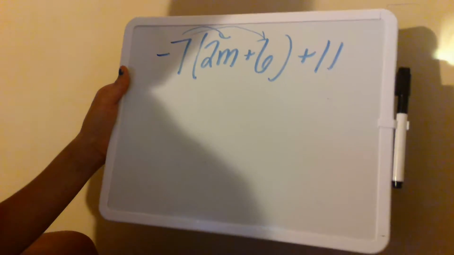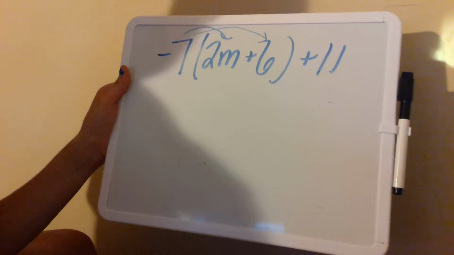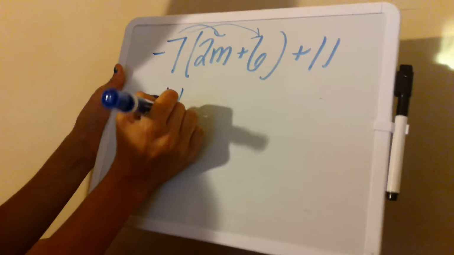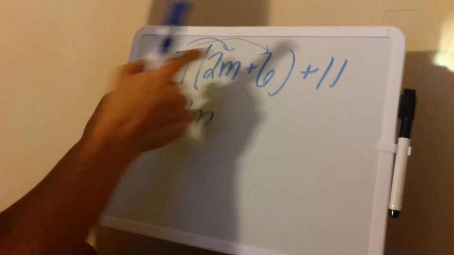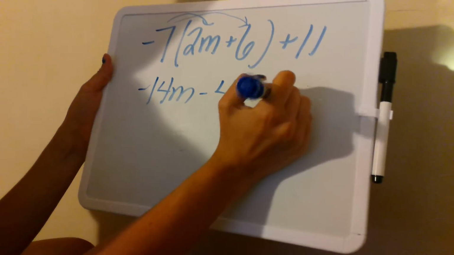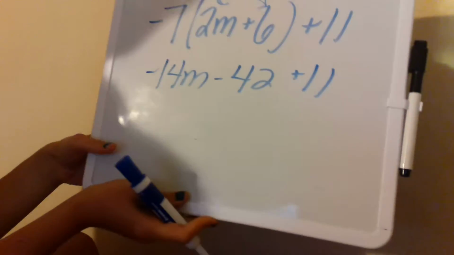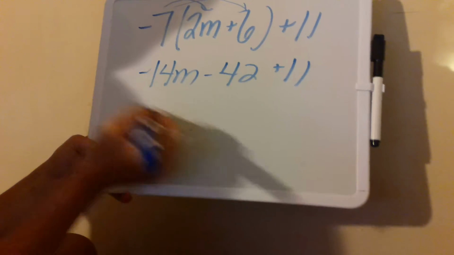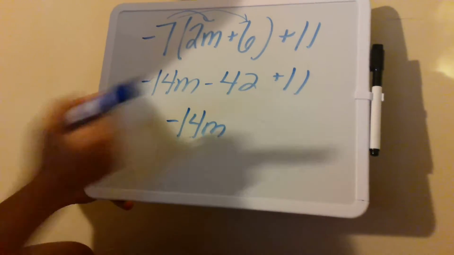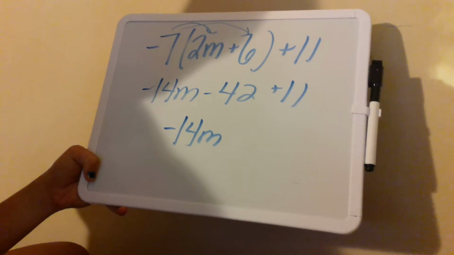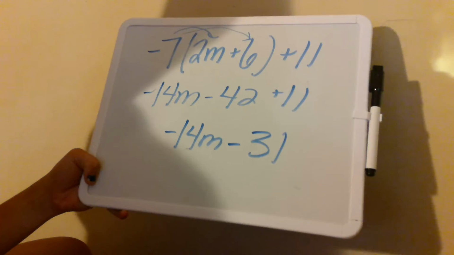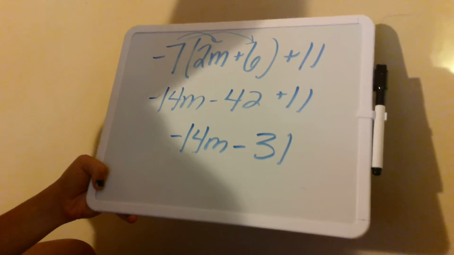It does not multiply the 11 because the 11 is not in our parentheses. So negative 7 times 2m is going to give us negative 14m. Negative 7 times 6 gives us a negative 42. And then we bring down our plus 11. There's no more terms with an m attached, so we can't add anything to that, but we can add our two constants together. So our negative 42 plus 11 gives us a negative 31. And that is simplified all the way.